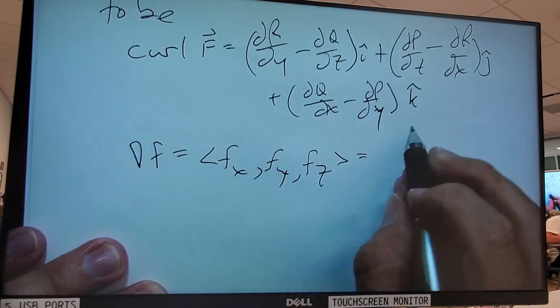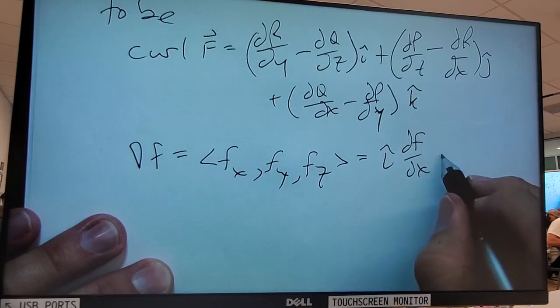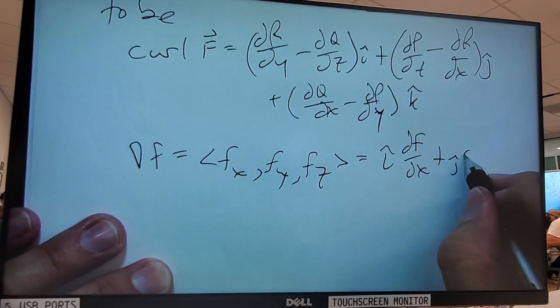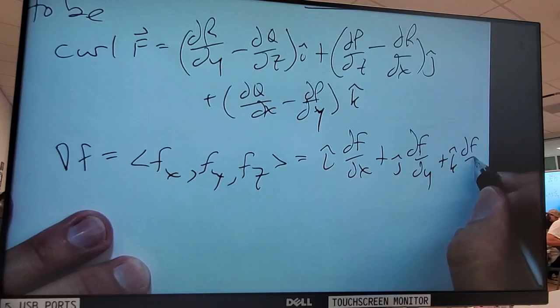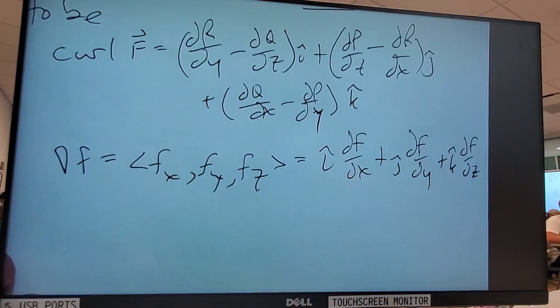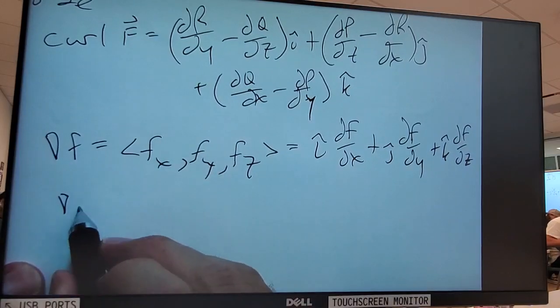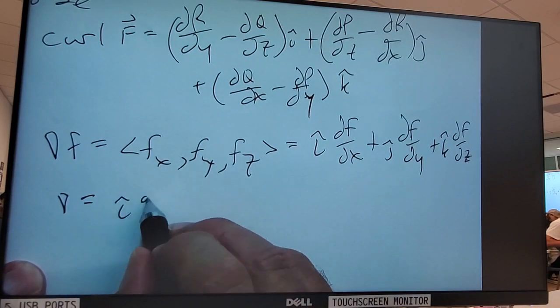Let me write it in a more esoteric way. Is that cool? I could have put them out front, but it's okay. So look what this means. This by itself means this.